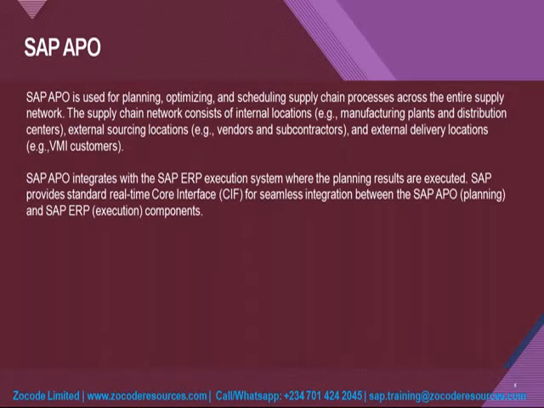Now, the APO is a standalone system. Remember that it's within the SCM, but it can come as a plug-in to the ECC. We could also have the results of the APO transferred to other third-party applications, if not ECC.